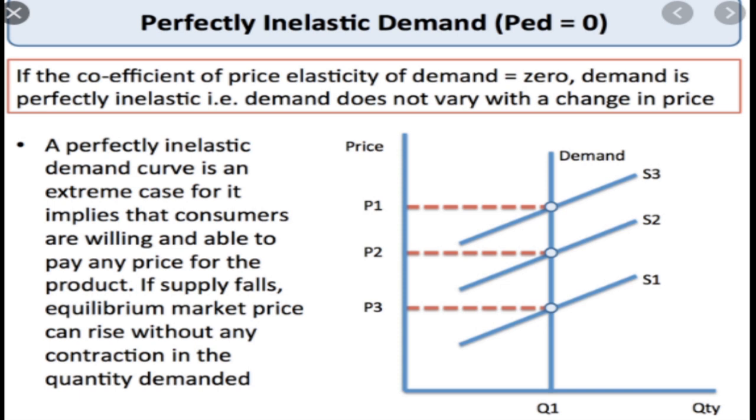If the price increases due to the decline in supply, then quantity demanded remains constant. Similarly, if due to the increase in supply, the price declines, still the quantity demanded remains constant.